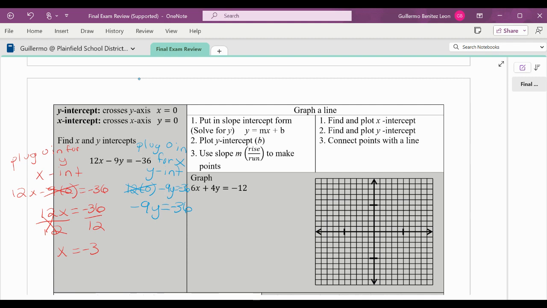Most students forget that that 9 is negative. Now I'm going to divide both of these by -9, and I'm going to get y equals +4. We normally do not write intercepts like this, so I'm actually going to write it out. The x-intercept is 3, the y-intercept is 4.